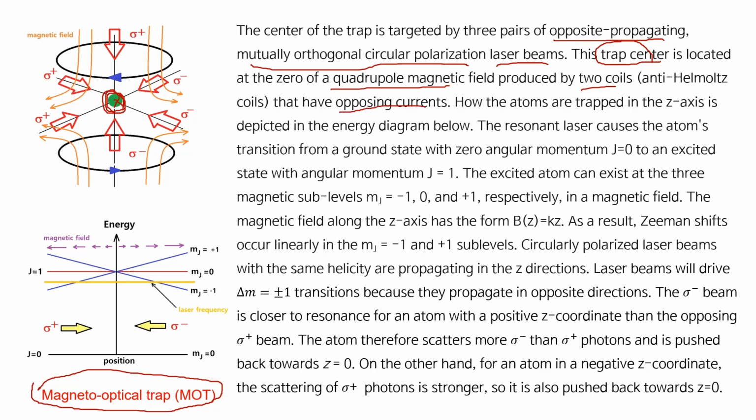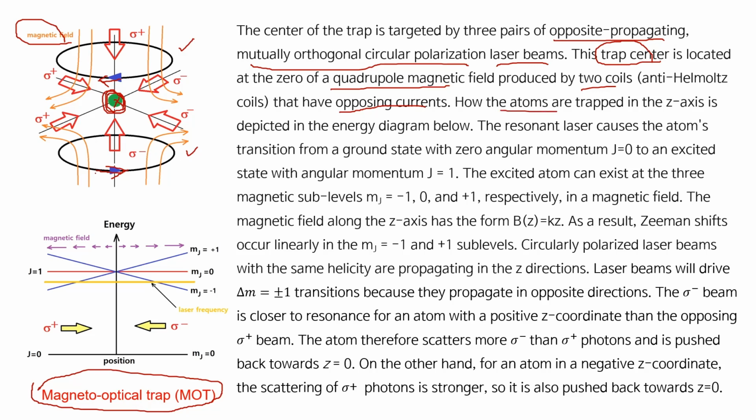So these two coils form the anti-Helmholtz coil. The current direction here is this direction, and the current of this coil is the other direction. And then by these coils, the magnetic field is produced in this way.